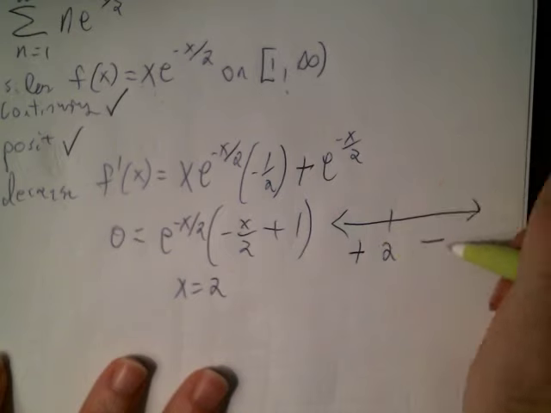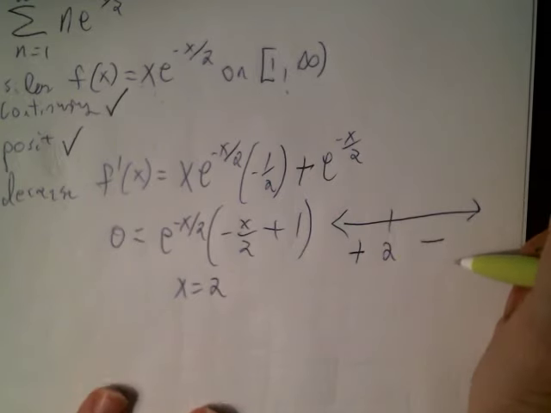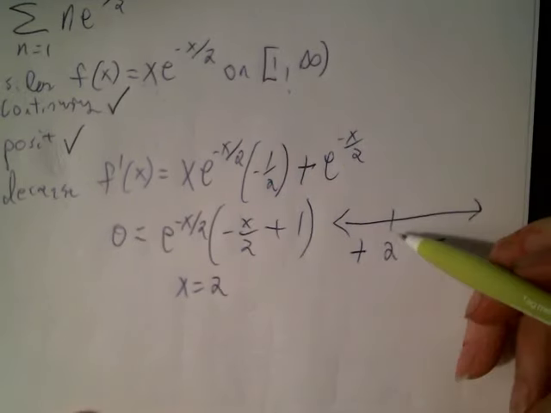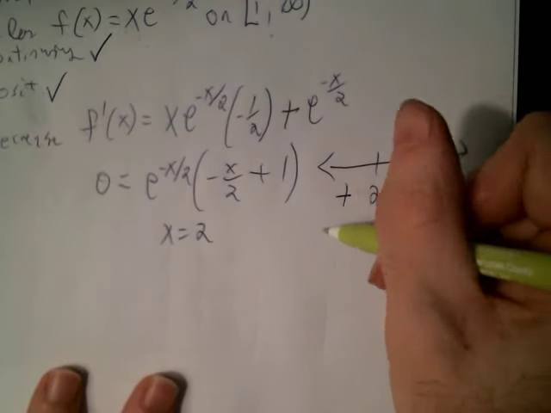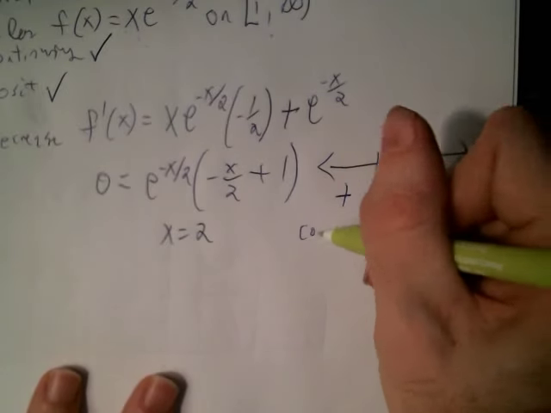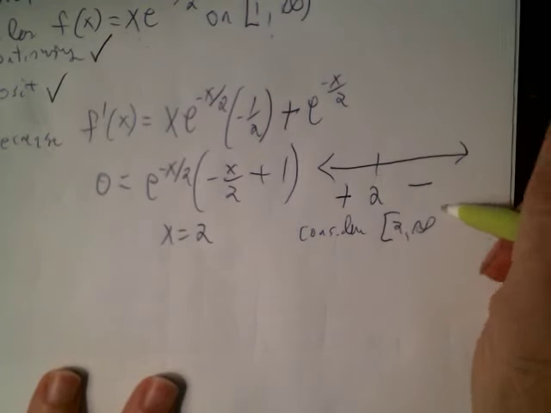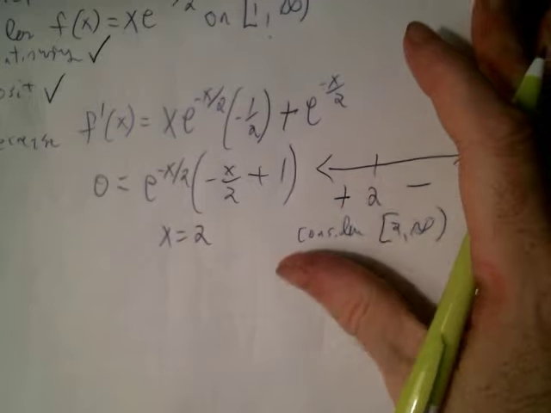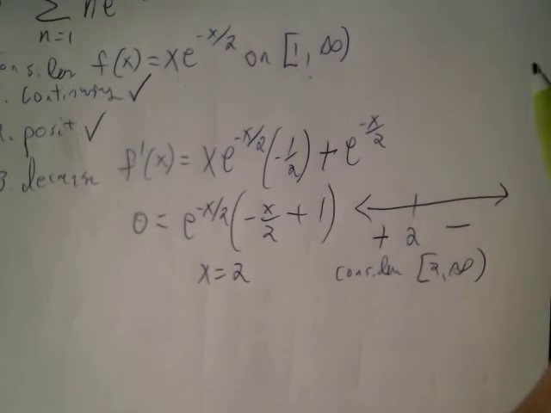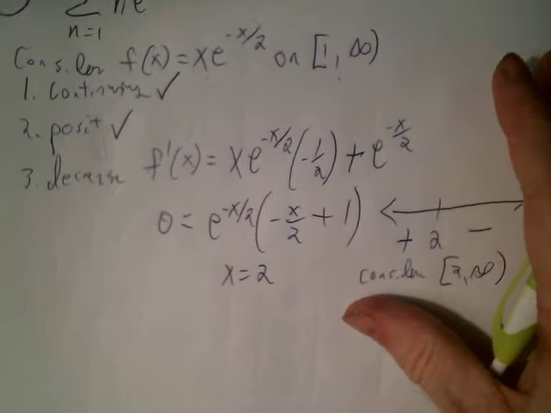So it's decreasing beyond 2, right? So instead of going from 1 to infinity, because of this fact, I'm going to just consider the interval from 2 to infinity. It turns out you can always chop off a couple terms and it won't affect the convergence or divergence of the integral.